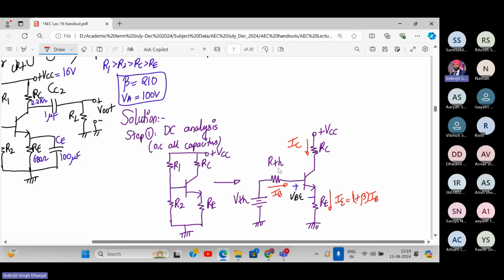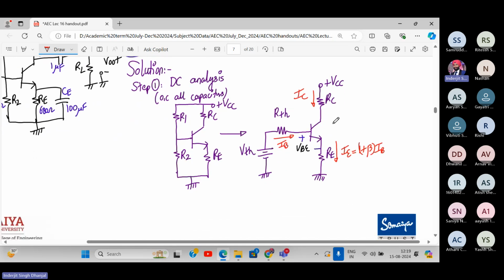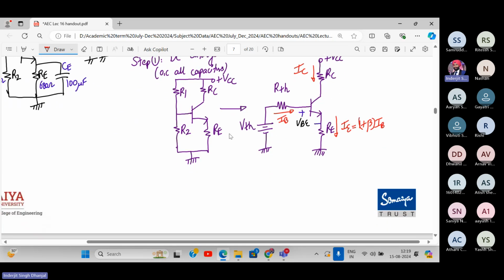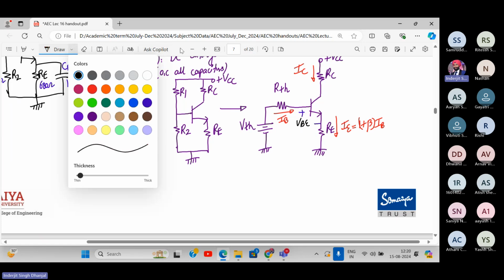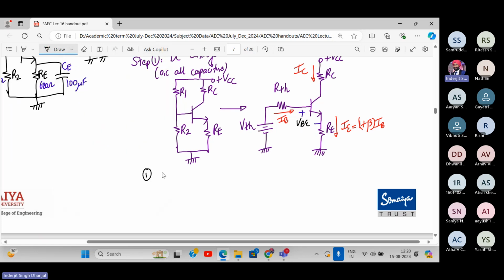Now what do we do with this data? From this circuit, you need to determine how much is VTH. This is point number 1. What is the formula for VTH? It's R2 divided by R1 plus R2 into VCC. So how much is R2? 10 kilo ohm divided by 10 kilo ohm plus 90 kilo ohm into VCC.